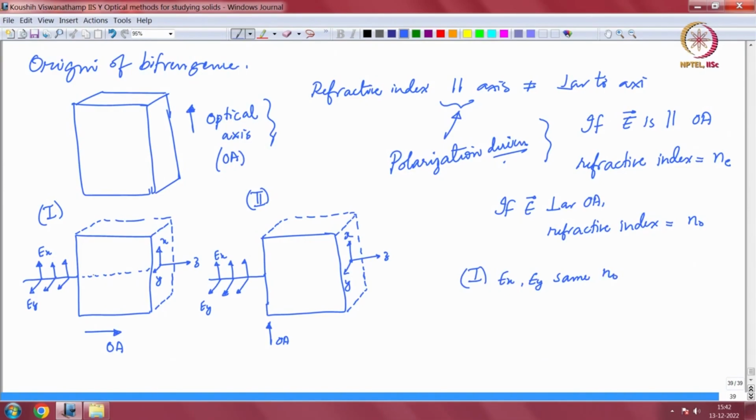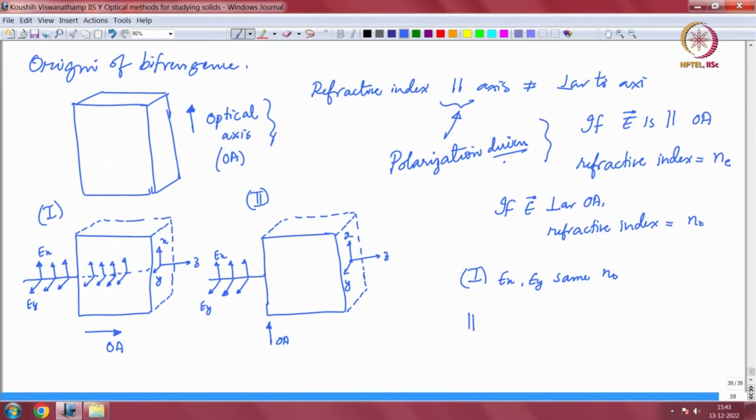So, as the light goes through the material, the two components will still continue to be together, right, and they will move along. They will move along at a slower speed because the refractive index is larger than 1. So, the speed inside the material is lower than the speed in vacuum. We have discussed what this refractive index means, but they will go together, that is the most important thing. Okay. This is in case 1.